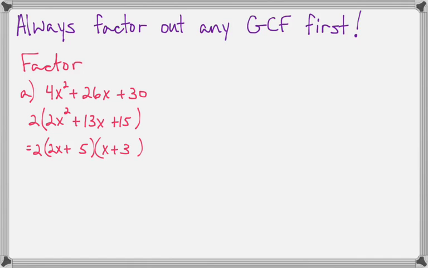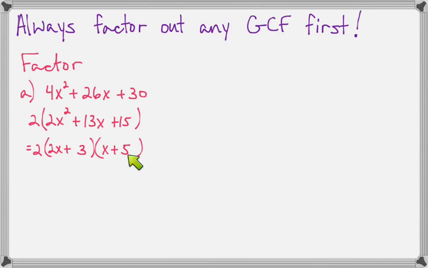And now let's check outer plus inner. I'm going to get 3 times 2x gives us 6x, and 5 times x gives us 5x. Now, oops, that's not the right arrangement because 6 and 5 make 11, and I needed 13. So obviously I'm going to have to try to rearrange the 3 and the 5.